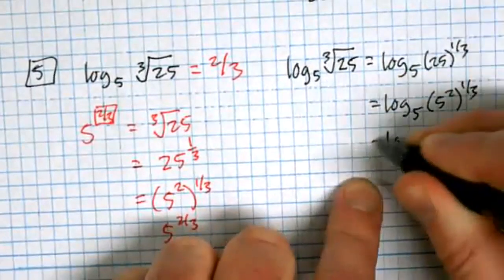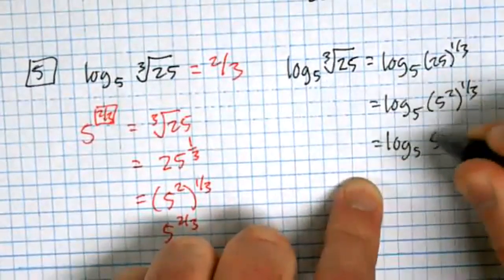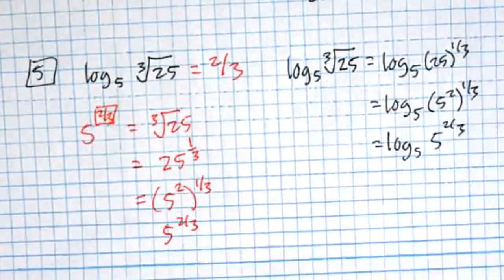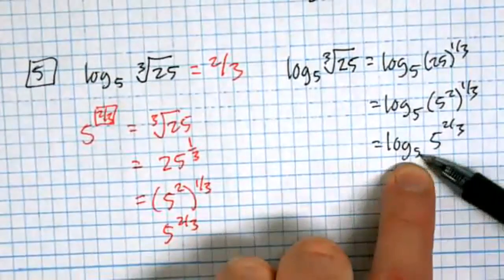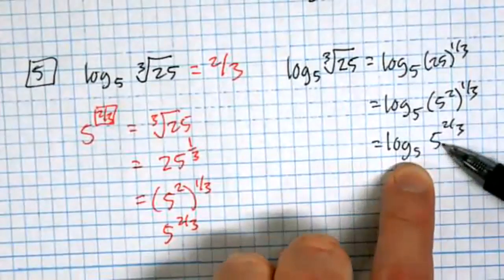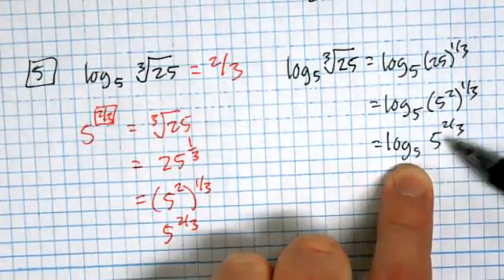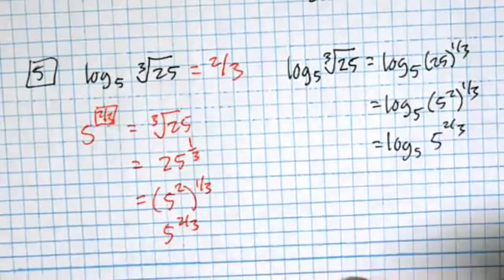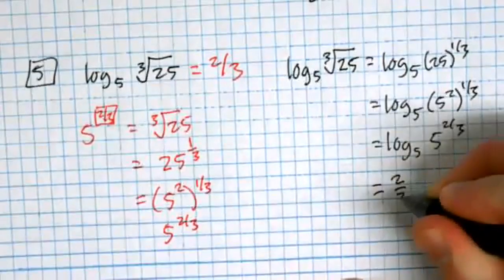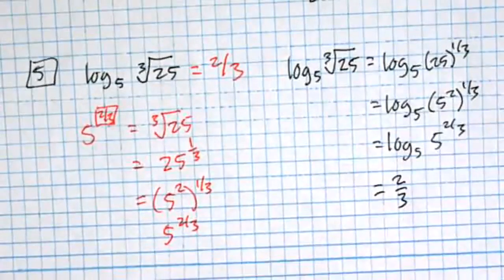And then I've got log base 5 of 5 to the 2/3. And if I can get it to this point where the base matches, the log base and the exponential base match, what happens to the log and the exponential? Whoosh, they cancel each other out, and we're left with just 2/3 for a final answer. That'd be another way to show work. Either way is fine. I don't really have a preference.